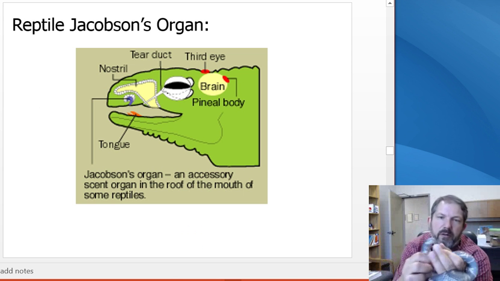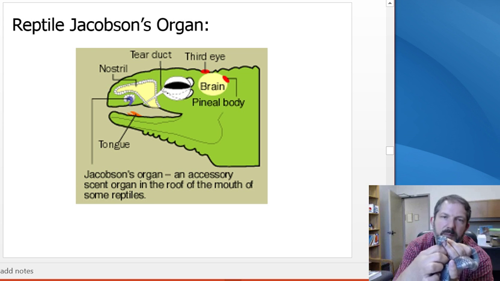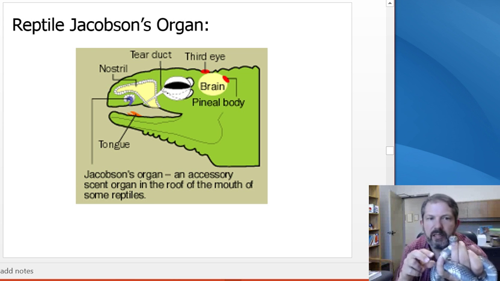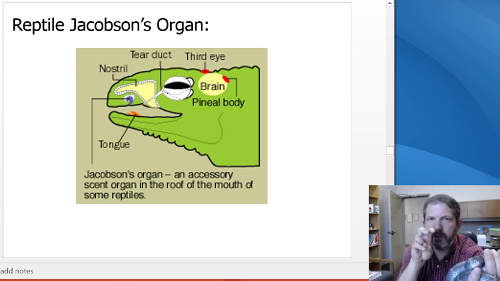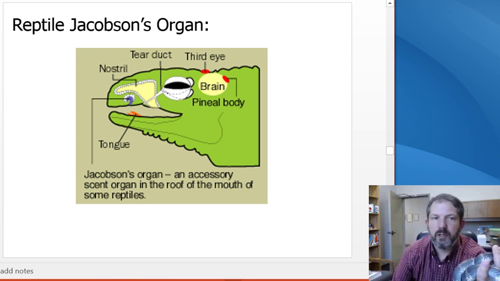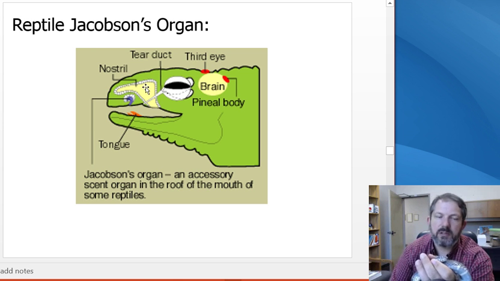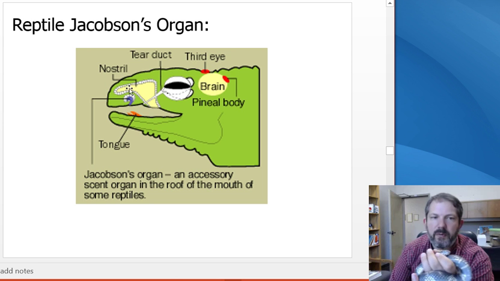See the tongue coming out? It's a very important sensory organ for snakes. They flick the tongue out, they bring it in, and then they stick it up into this special organ right here called the Jacobson's organ. It's not the nose, it's not the nostril, so they do smell a little bit probably through their nose, but they stick their tongue up.